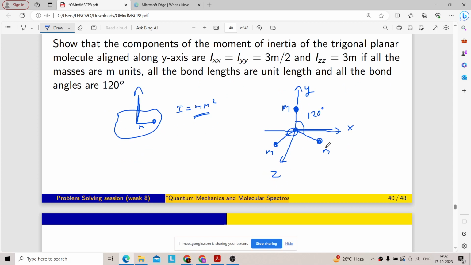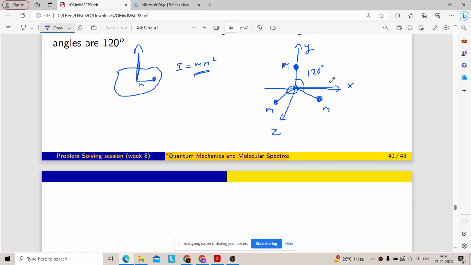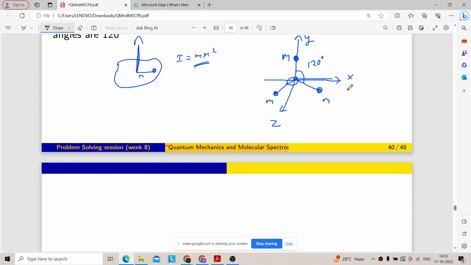Now for this molecule, if I consider the moment of inertia along the x-axis, my reference axis is the x-axis, and I need to calculate the distance of the masses from it.